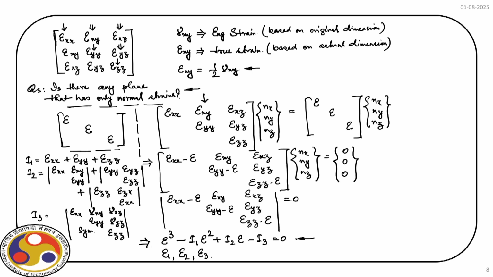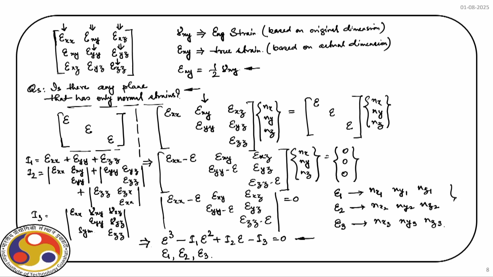And for each of them, we can consider each of them and then we can find out their respective orientation. So, we will have nx1, ny1, nz1, and then if we consider the second principal strain, we will have nx2, ny2, nz2, and the third one will give you nx3, ny3, nz3.